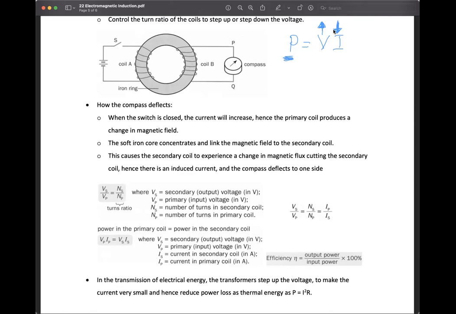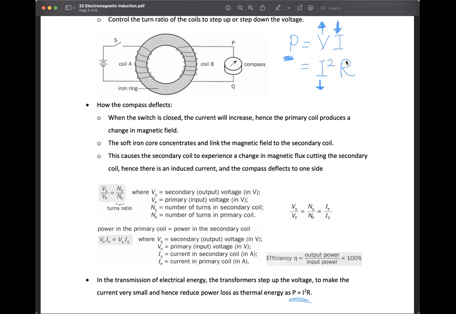I use the formula P equals VI. So when our V is very high, our I will be very low. With a low current, we actually have a lower power loss. In the formula here, it's the same thing: you also get I squared R. When your current is very low, the resistance is the same because the wire is the same distance.